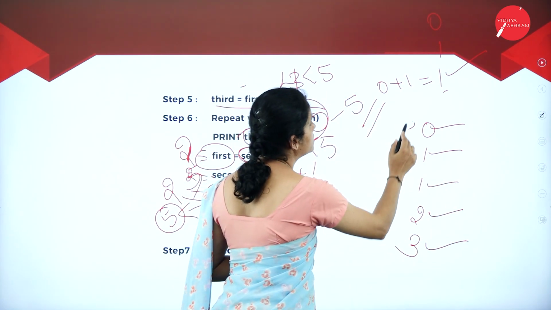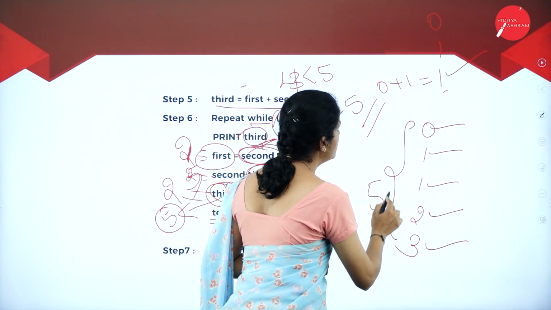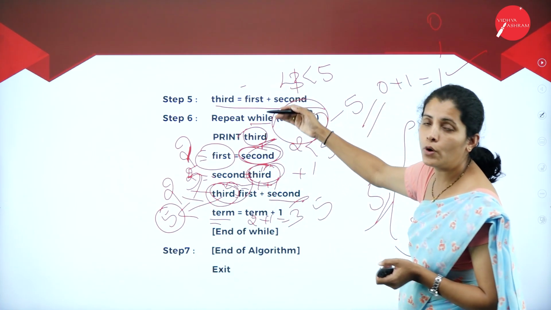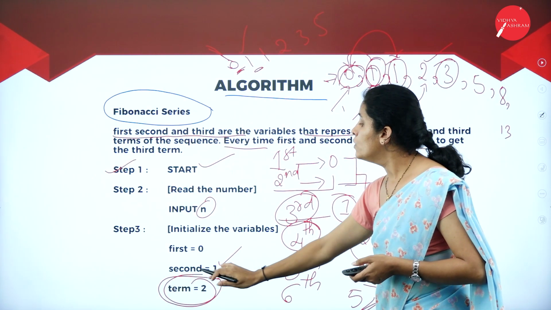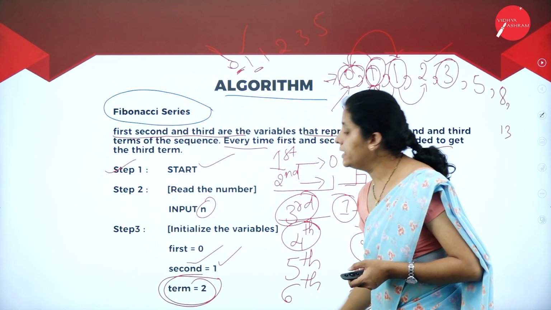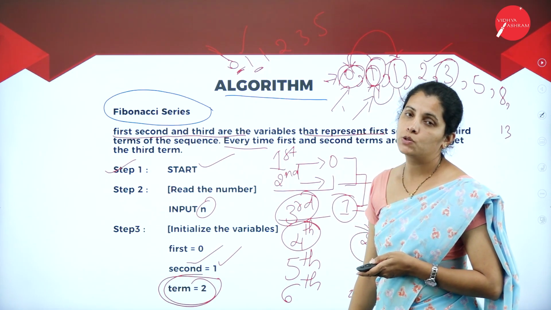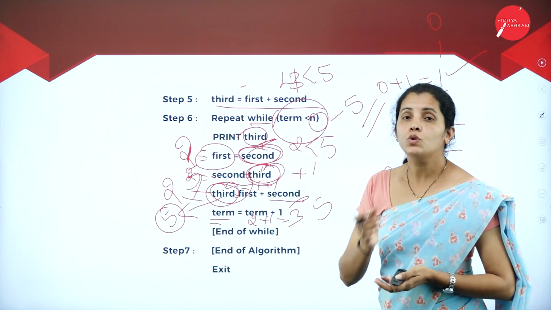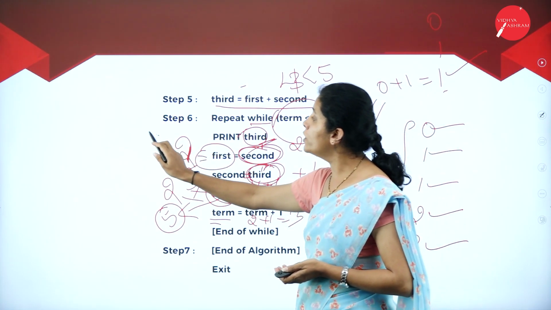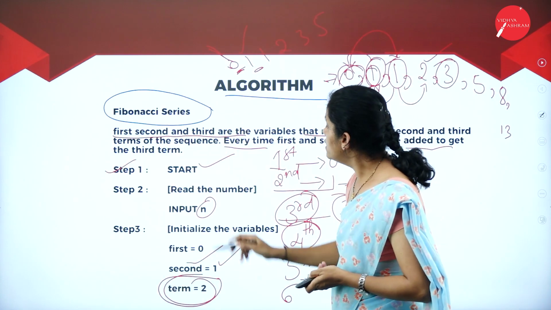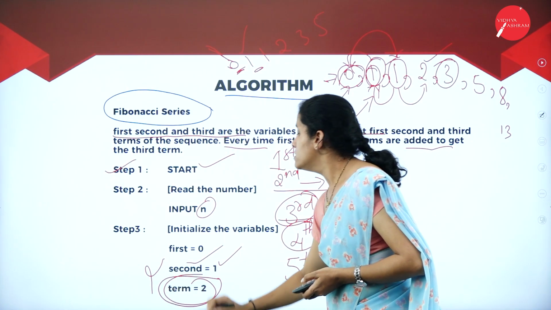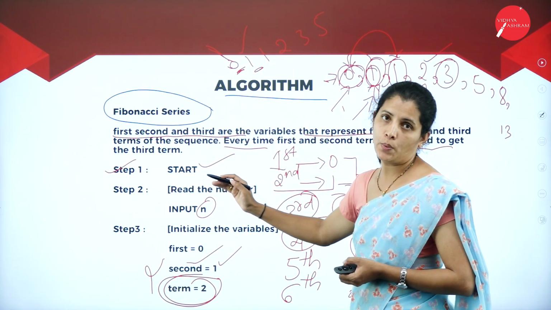So total, what is the count? 5. So here the for loop is going to execute 3 times, and at the beginning we had printed first value as well as second value.